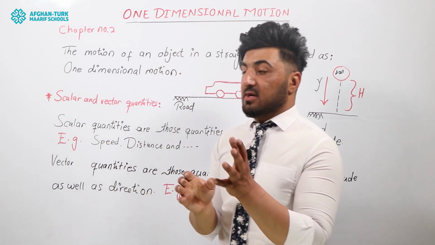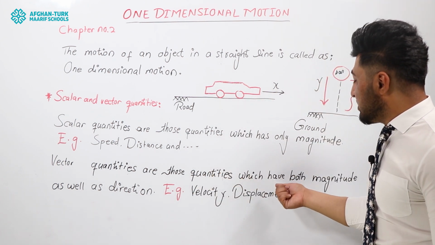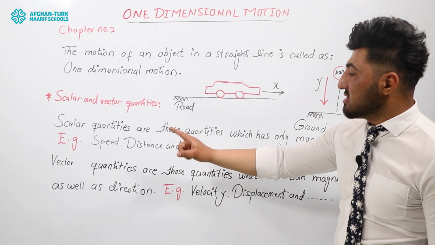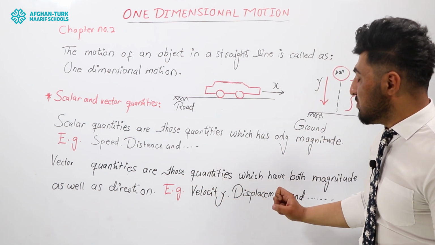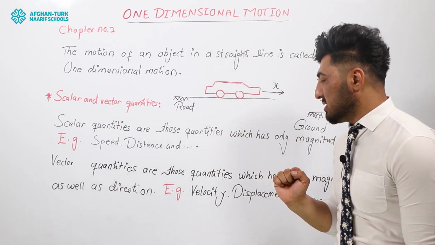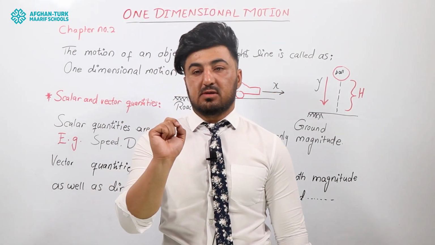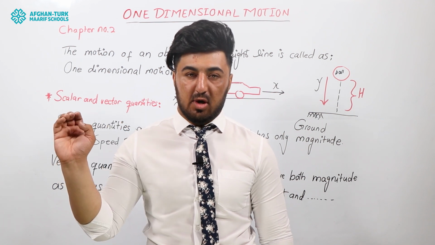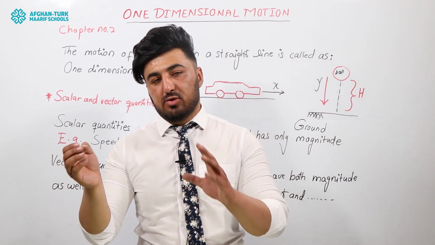So what is a vector quantity? Vector quantities are those quantities which have both magnitude as well as direction. Examples of vector quantities can be velocity, displacement, acceleration, force, and so on. Now, my velocity is 20 kilometers per hour towards north, or towards south, or towards right, or towards left.